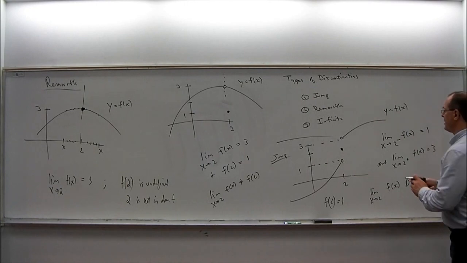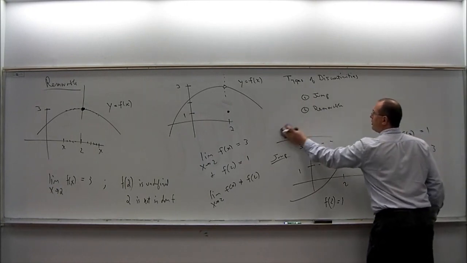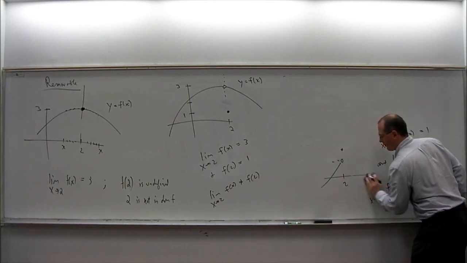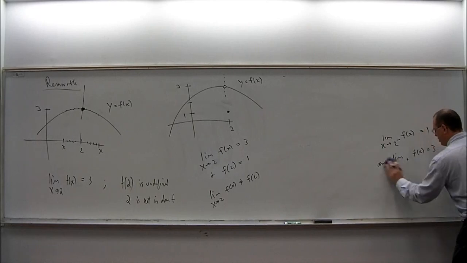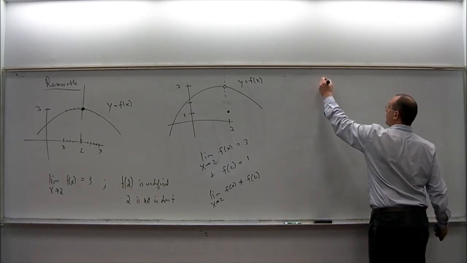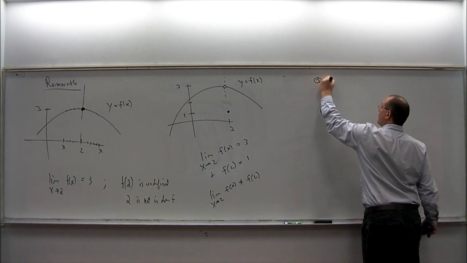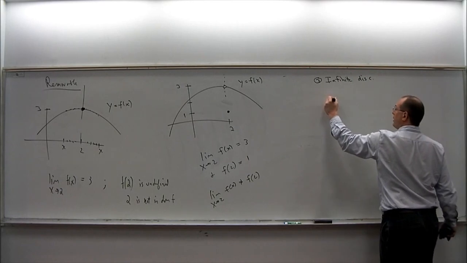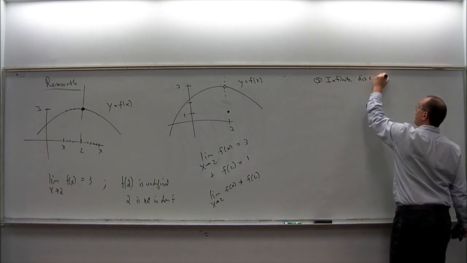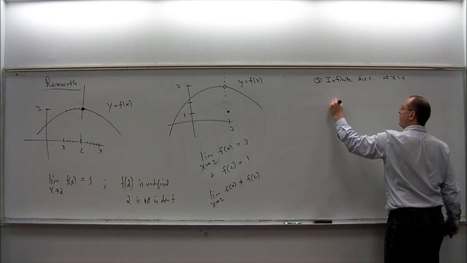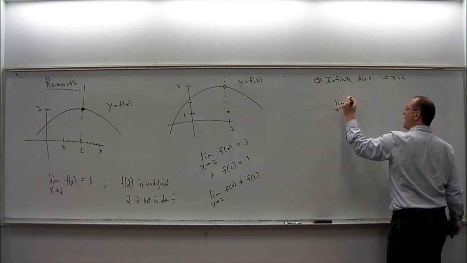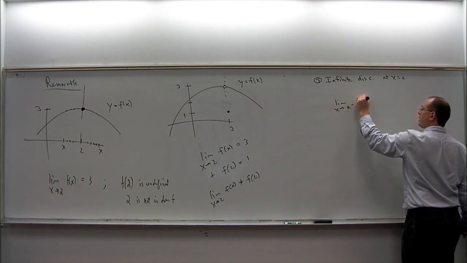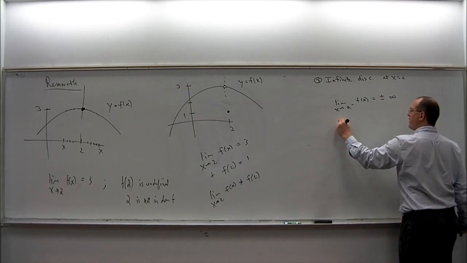And lastly, we have the infinite discontinuity, which indicates the presence of a vertical asymptote. So the infinite discontinuity, quite simply, there's an infinite discontinuity at x equals a if the limit as x approaches a from either the left or the right is equal to either plus or minus infinity.